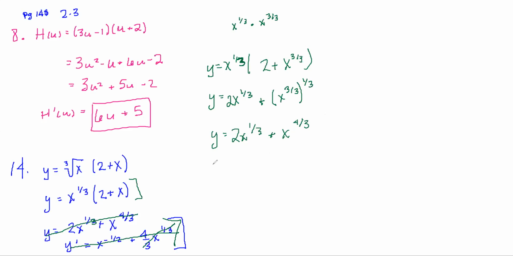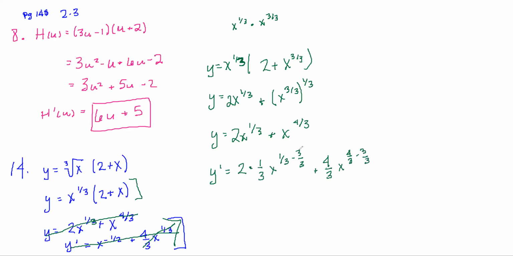So this is where we're sitting at right now. Then we're going to take the derivative of that. So that would be 2 times 1/3 x to the 1/3 minus 1, plus 4/3 x to the 4/3 minus 1.